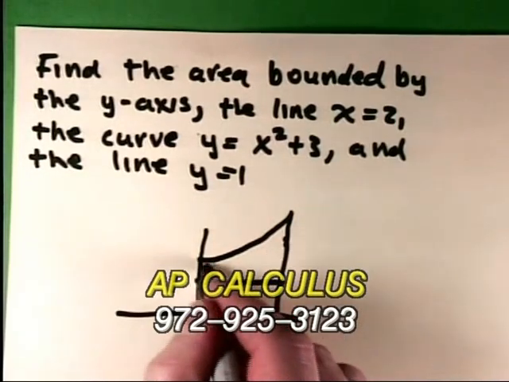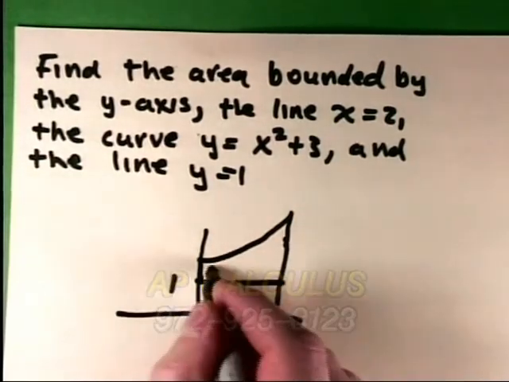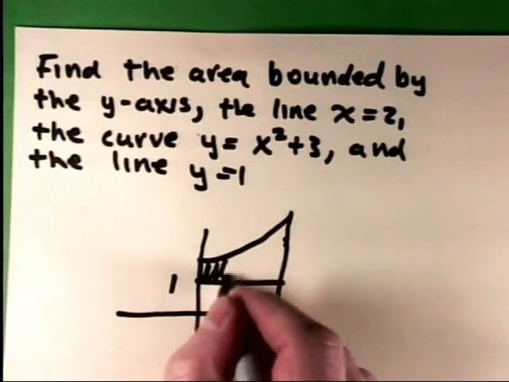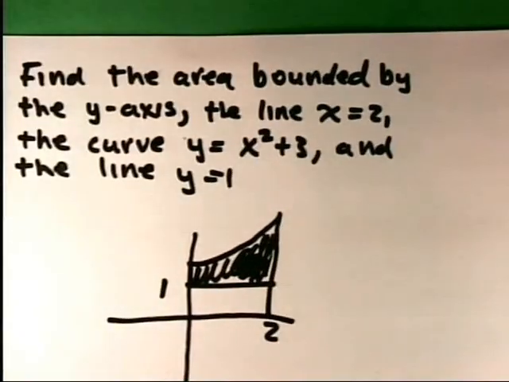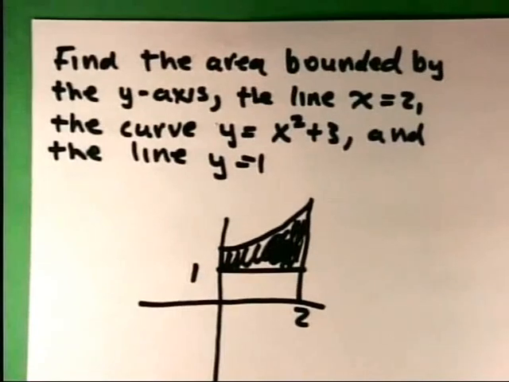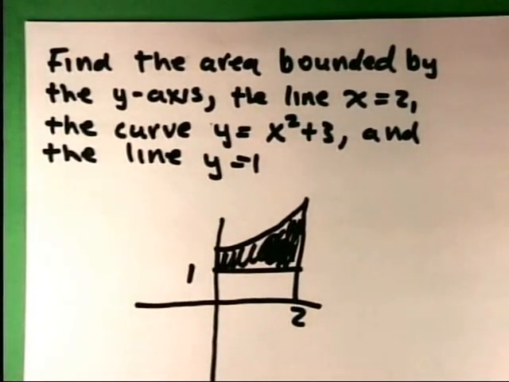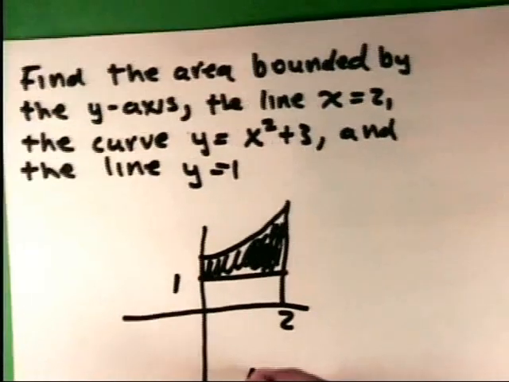So we're talking about this curve right here, right? So we want to find this area, right? So what would you have to do? Well, you're going to want to find the area between the curve and the x-axis, and then subtract the area between the line y equals 1 and the x-axis.